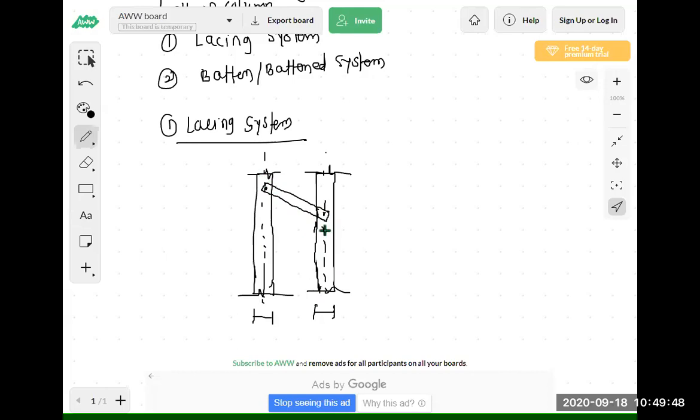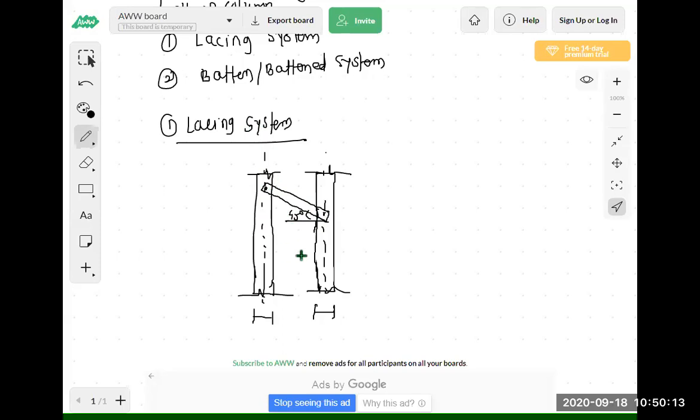We are calling it a lacing flat, inclined. So this is generally inclined at 45 degrees. Generally we are attaching this lacing flat inclined to keep these two I sections in position. If we keep these two I sections in position, we have to use this lacing or batten.